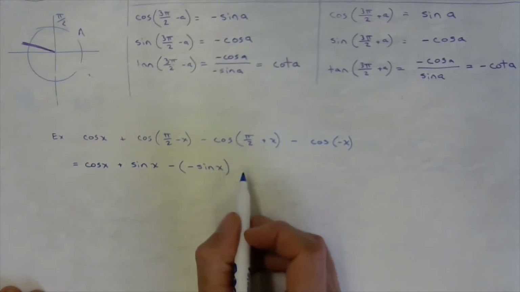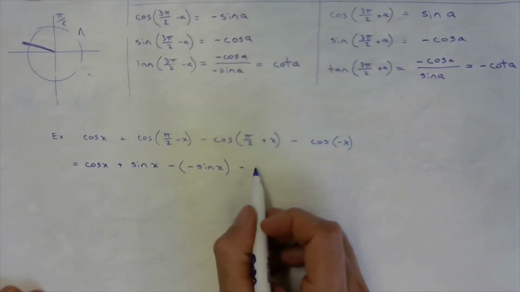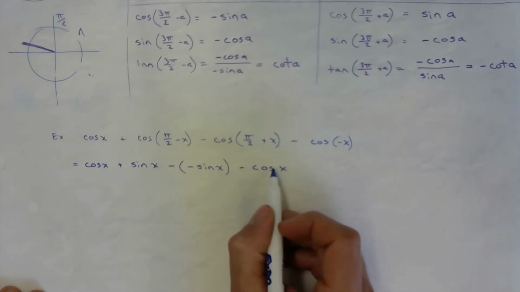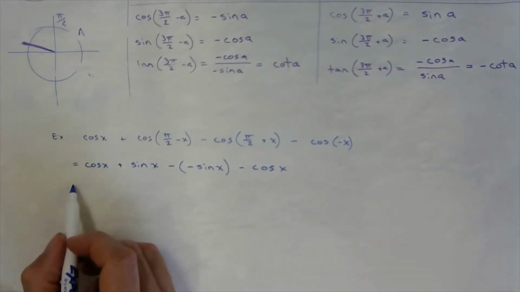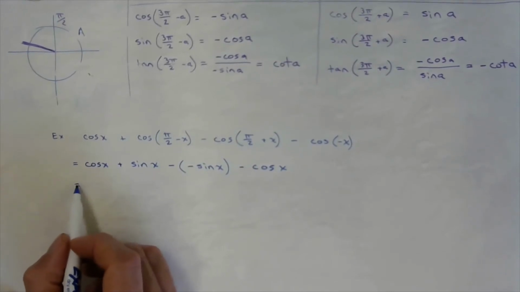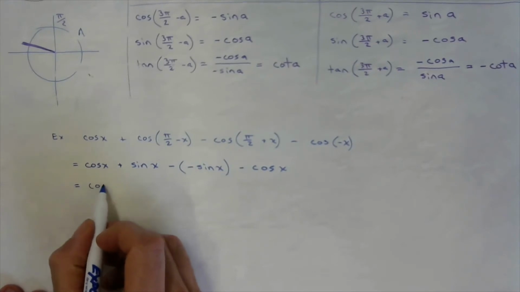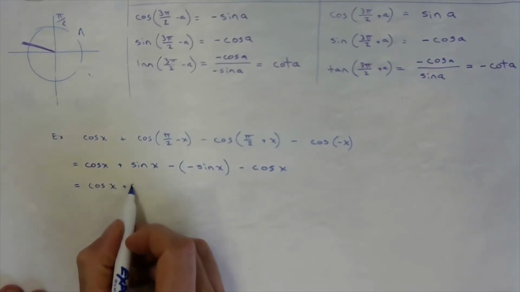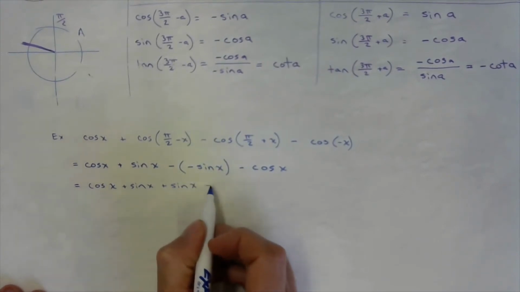And negative the cos of negative x, well, the cos of negative x is equal to the cos of x. That comes back from last lesson or even previous lessons. Okay, we can reduce this further. We end up with the cos of x plus the sine of x plus another sine x minus the cos of x.